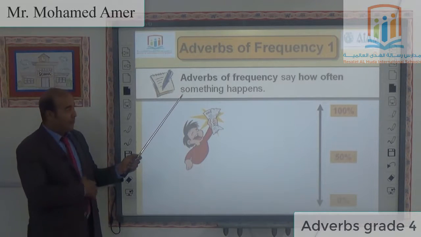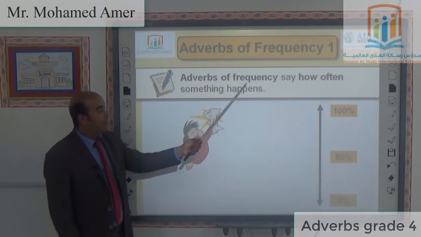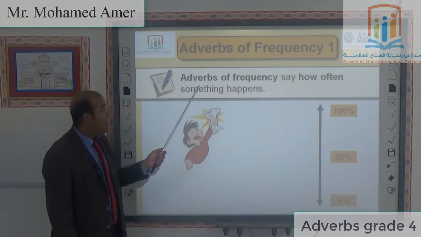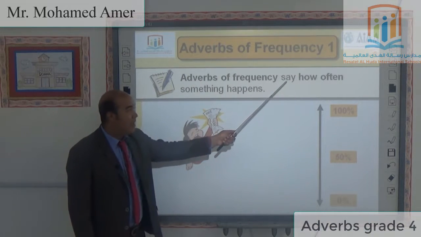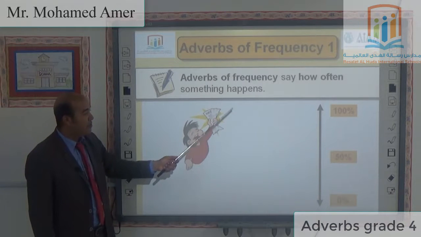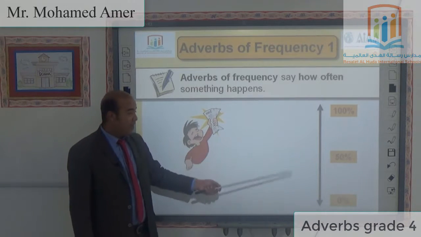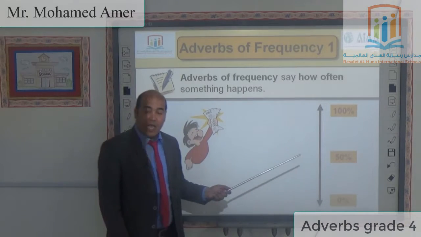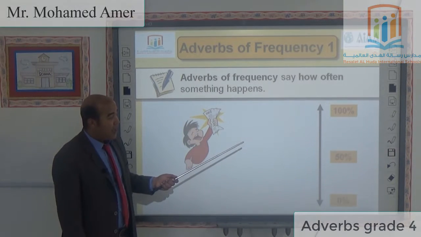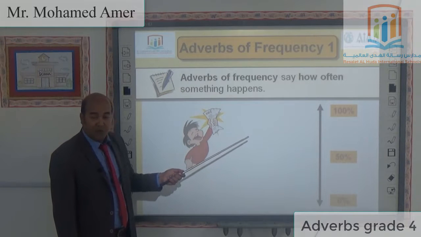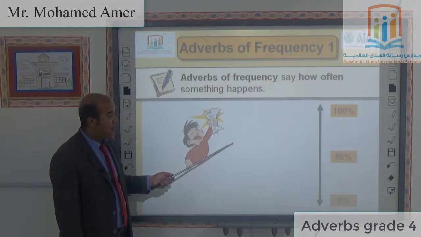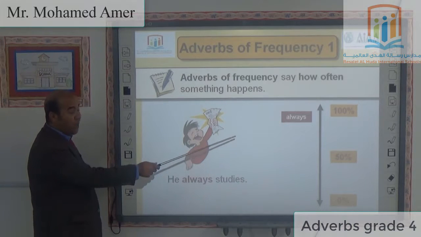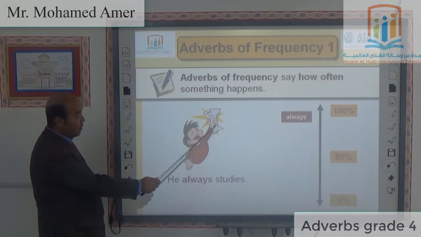Okay, let's see. Adverbs of frequency say how often something happens. You see this line from 0% to 100%. If the verb happens 100% of the time, it means always.